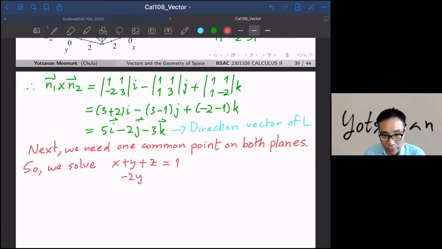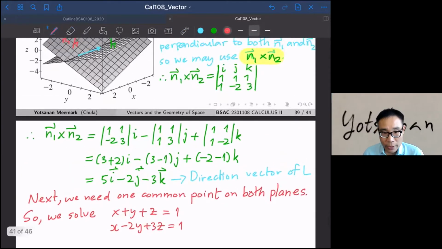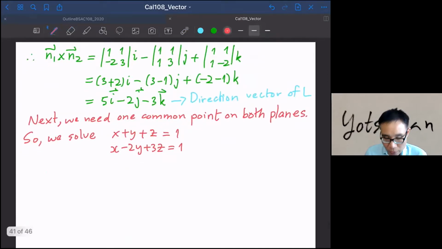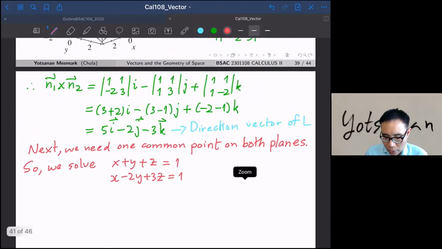So we're going to solve these two equations, x plus y plus z equal to 1 and x minus 2y plus 3z equal to 1. We don't need everything that's common. We just need one common point, so we're going to just put in one number.